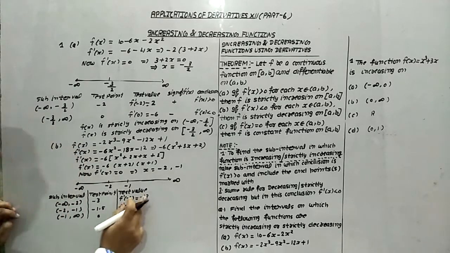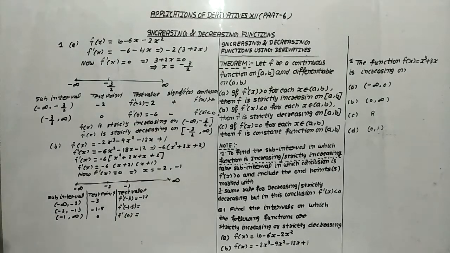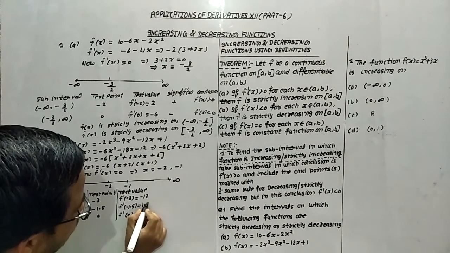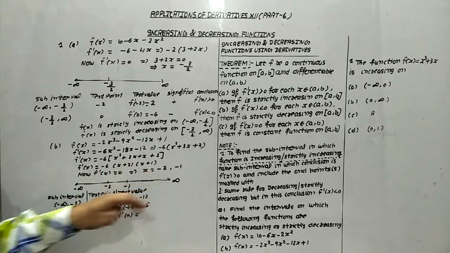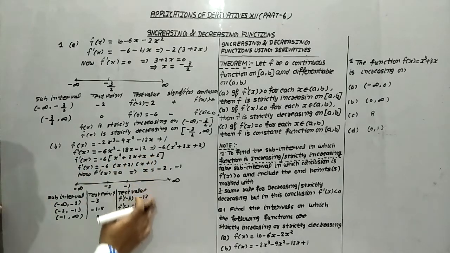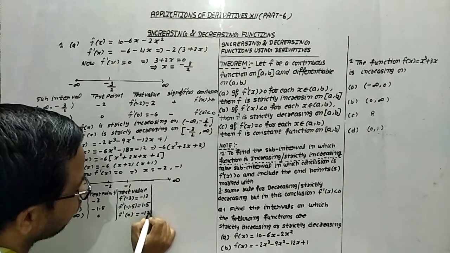First of all, we will calculate f dash minus 1.5. So f dash minus 1.5 is 1.5. How are we calculating? We are putting the values here only in f dash x. Once you put the value, surely you will get this point. This is also minus 12. So this is the test value.